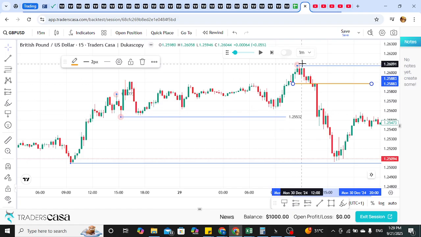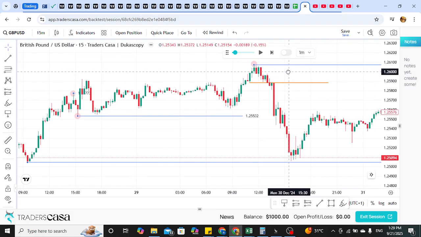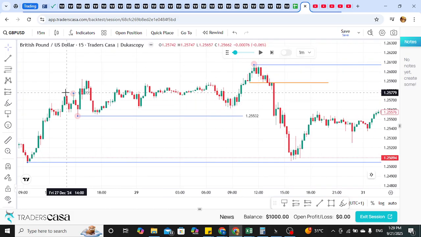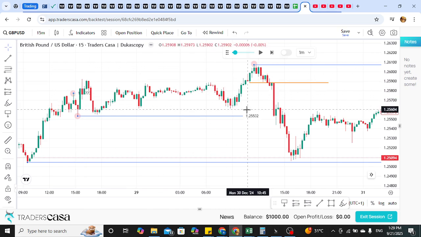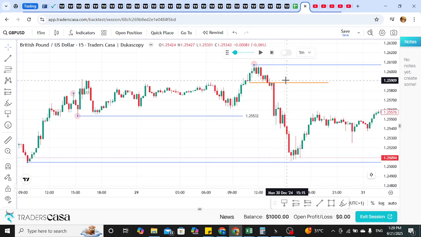Now, if this is the high of the range, and this was a break of structure upward, that means the trend is upward. If the lower range is the one that has been broken and the inducement is major, and this was broken by a sweep or a break, it doesn't matter.